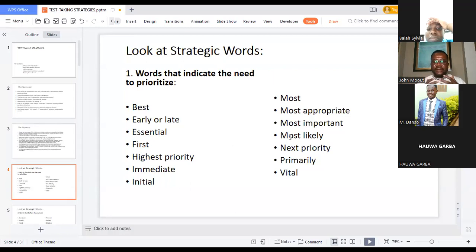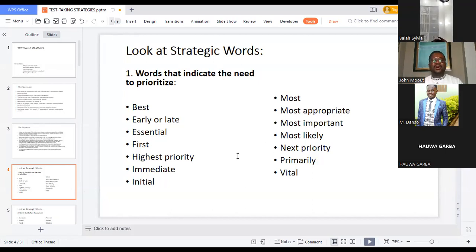So in priority questions, it's most likely that all the answers are correct, and this is where a lot of confusion comes in. You tried elimination and you eliminated two, but you still have two. This one is right, this one is right too. We're going to see that. You have to pick out the best option.